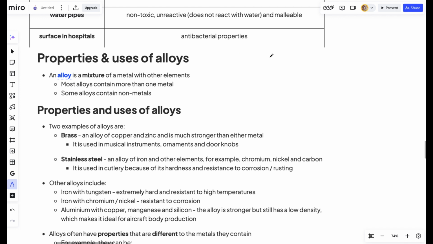Now let's take a look at the properties and uses of alloys. First of all, let's give 2 examples of alloys and describe them. Brass is an alloy of copper and zinc, while bronze is an alloy of copper and tin. Brass and bronze are the 2 names used most often.